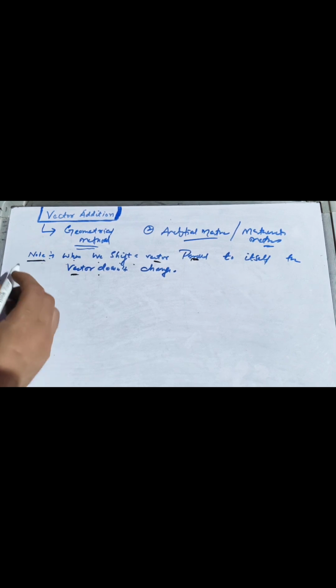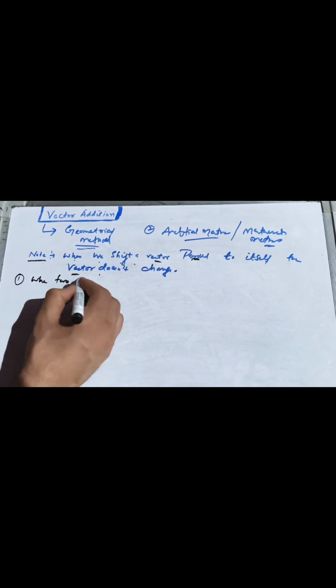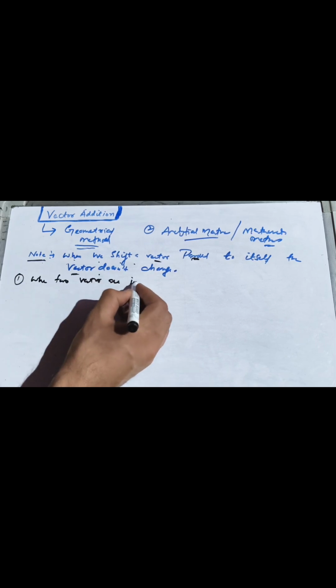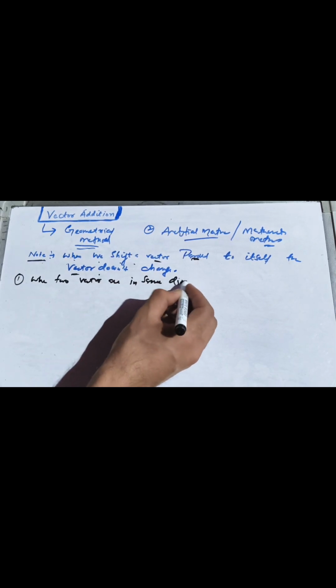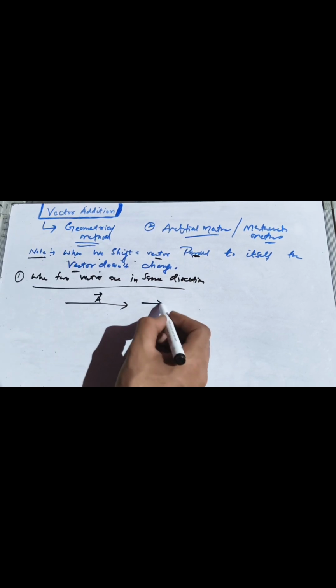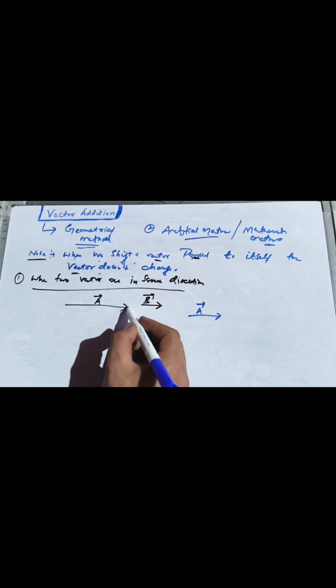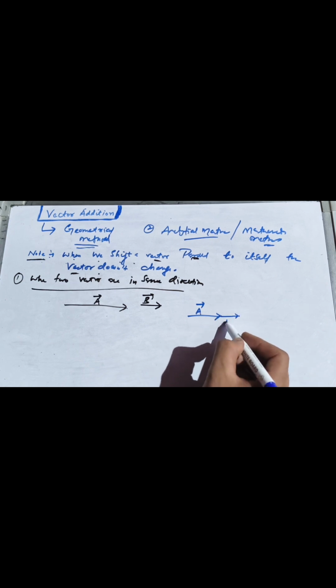Now, first I will take two vectors that are in the same direction. I have to find the resultant of these two vectors. Suppose this is vector A and this is another vector B. I remember the rule: I will take vector A and put the tail of B on the head of A. This is our vector B. The third vector, joining the tail of A to the head of B, gives the resultant.